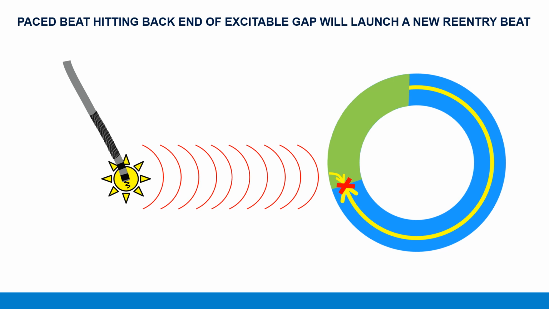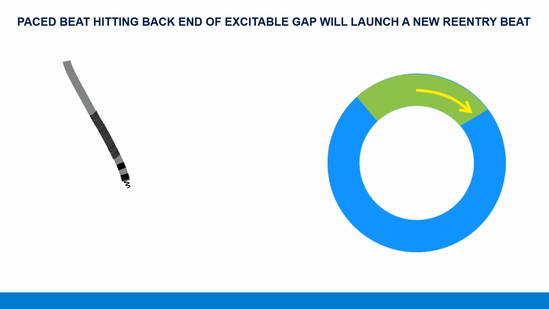The anterograde wavefront will travel forward, and if we're at the back end of the excitable gap, then that forward wavefront will not reach refractory tissue, but instead will launch a new reentry beat around the tachycardia circuit, just as the VT would had we not paced. Here's the tachycardia continuing, following that paced beat, which excited tissue at the back end of the excitable gap.